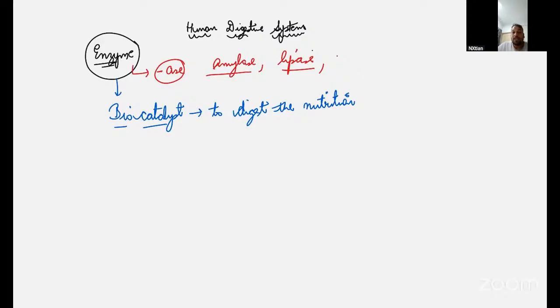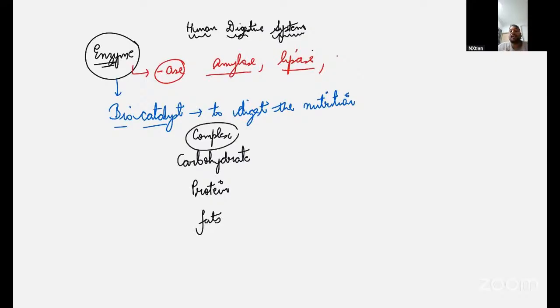Carbohydrates, proteins, fats, they are the complex food. Now, we cannot absorb this complex food.